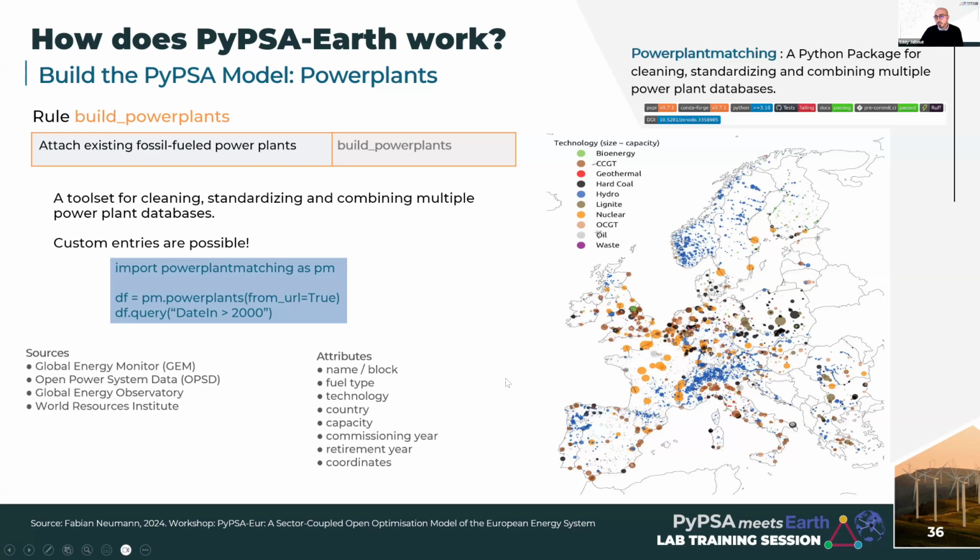In addition to these, the user can also set their own power plants and feed them in, in addition to these, in collaboration with these, or just by themselves. This can all be fixed in the config file, and the user can say, I want to use my own, or I want to merge my own with these, or just use these only.